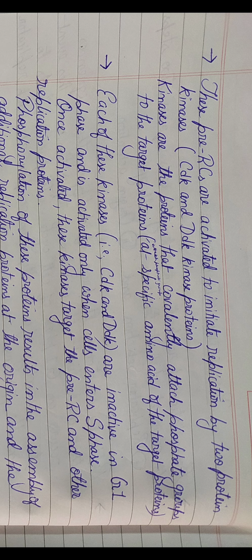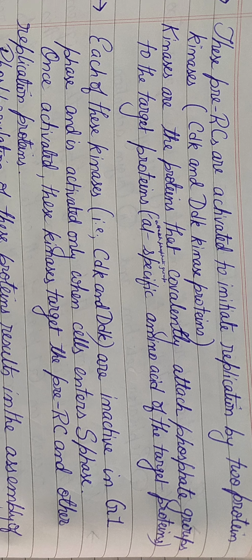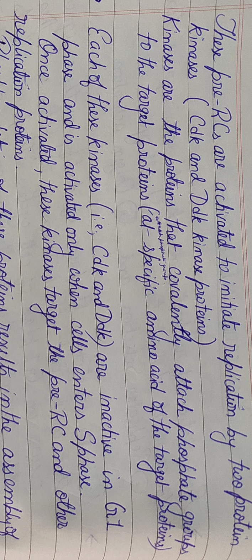At that amino acid, they add the phosphate groups to make them active. So the CDK and DDK kinase proteins are needed here for activating the pre-replicative complex to function.